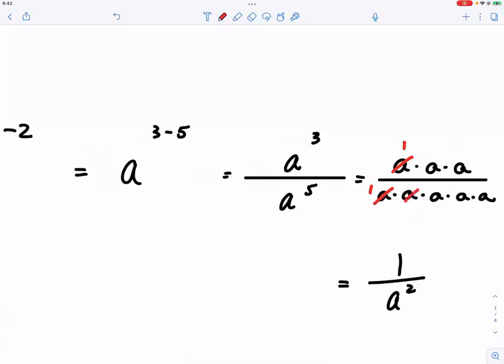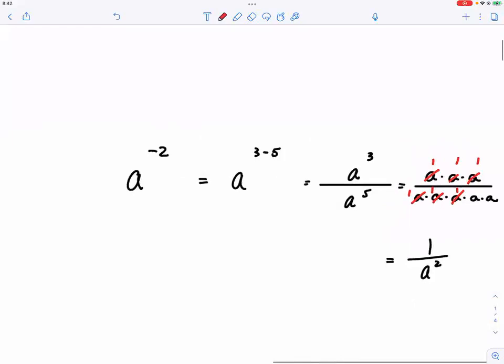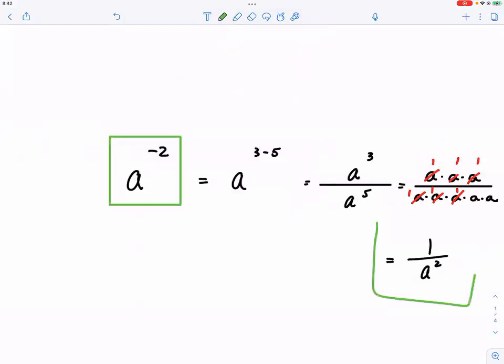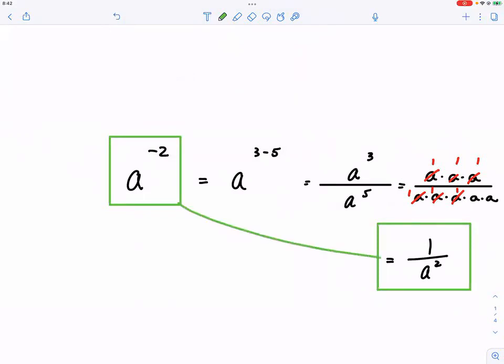So you reduce them. So that's how you have 1 over a squared. And that is how you express something with a negative exponent. So negative exponent means 1 over.